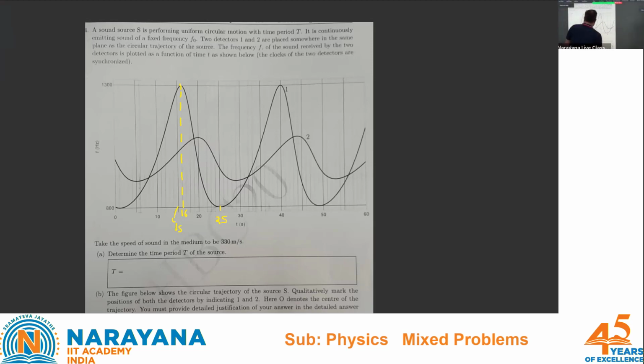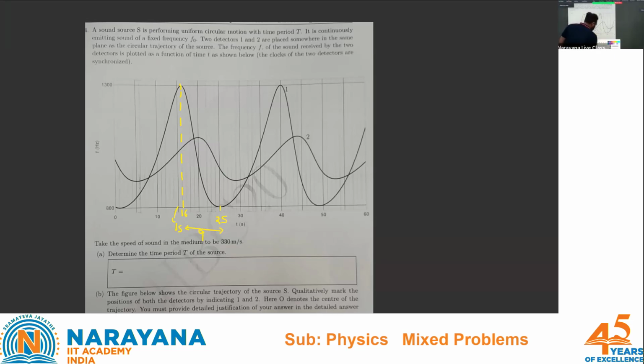As far as the lower one is concerned, one thing is clear: if you look into the time gap between maximum frequency and minimum frequency, it comes out to be 9 seconds. This gap will be useful for us, so just focus on this. Max to min is 9 seconds.